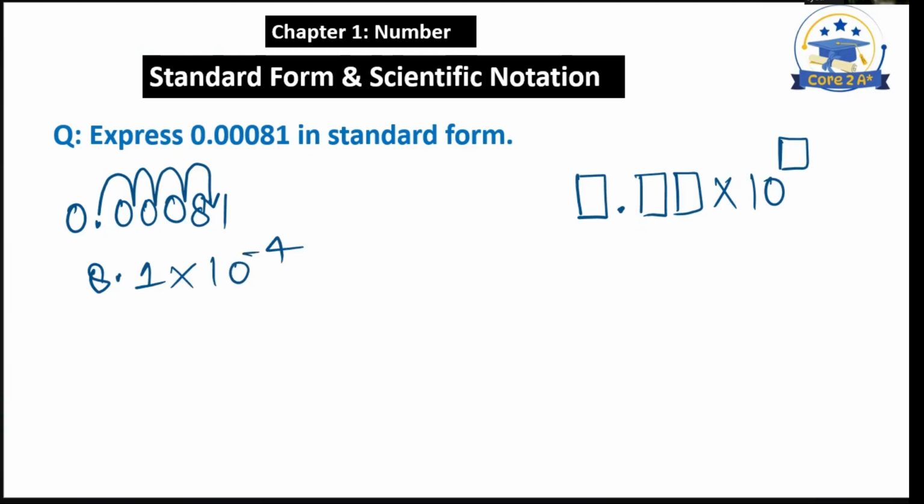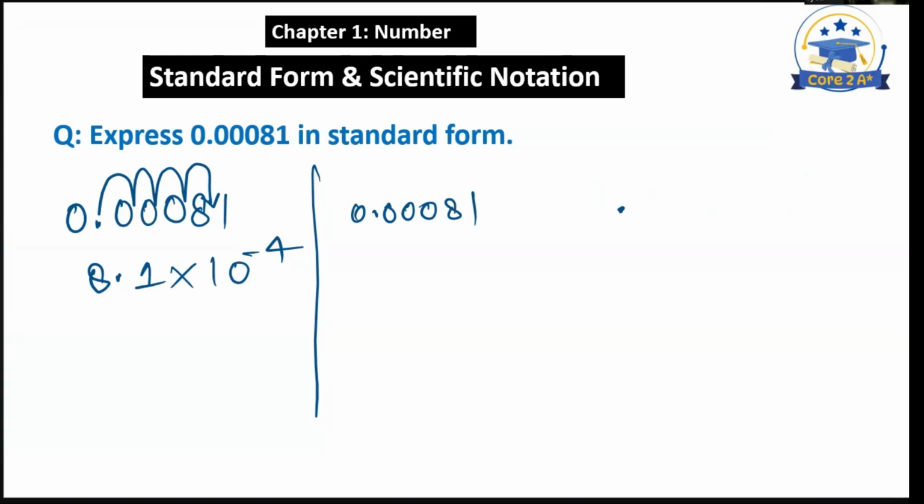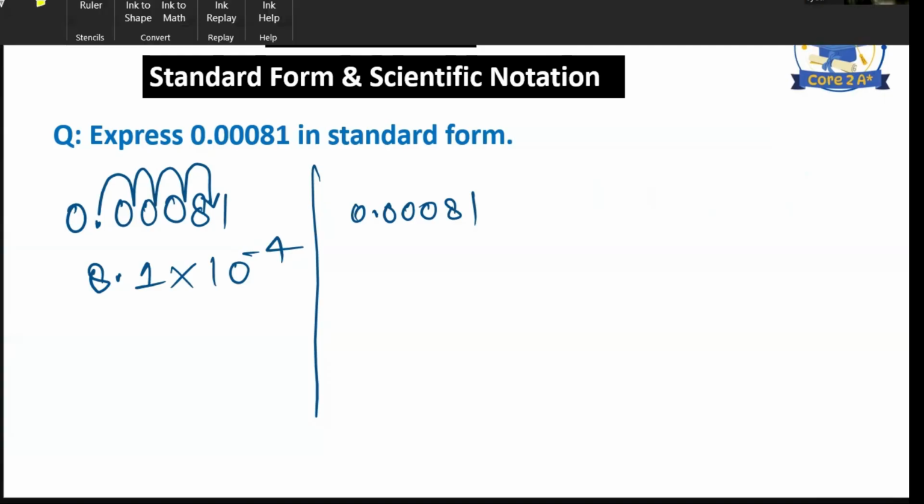So 8.1 into 10 to the power minus 4. Okay. Or you can solve by this one also: 0.00081. Right. How can we remove this decimal?